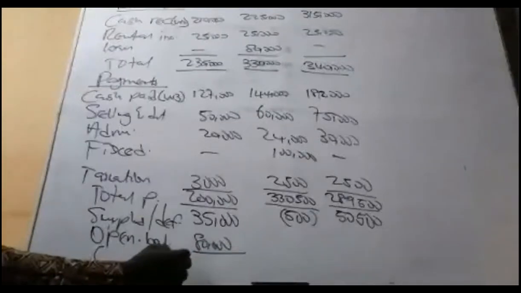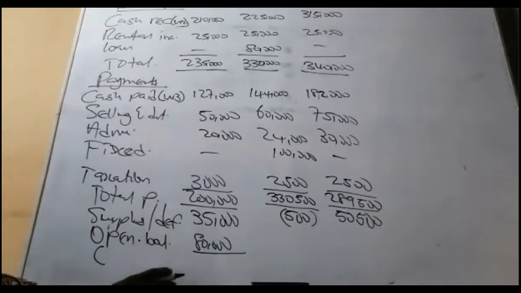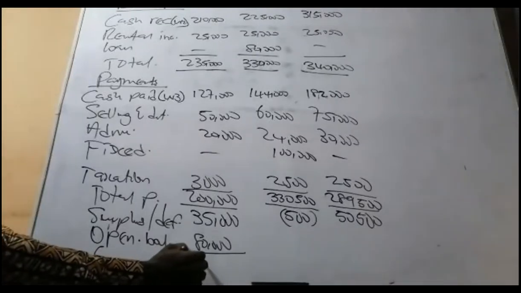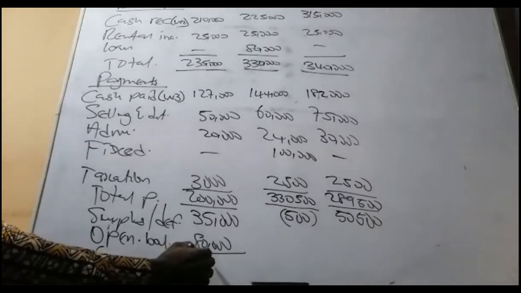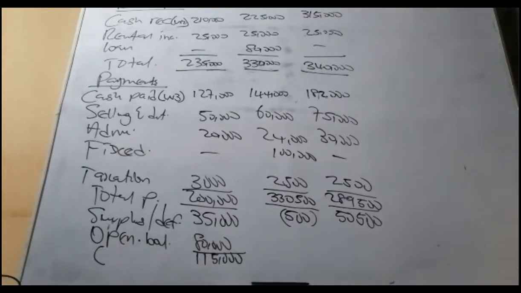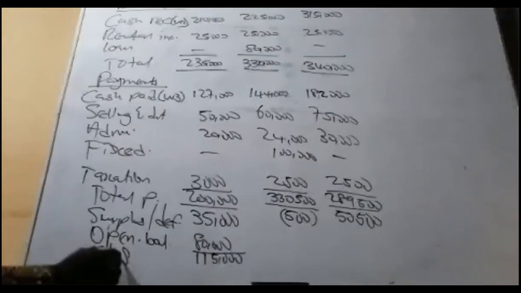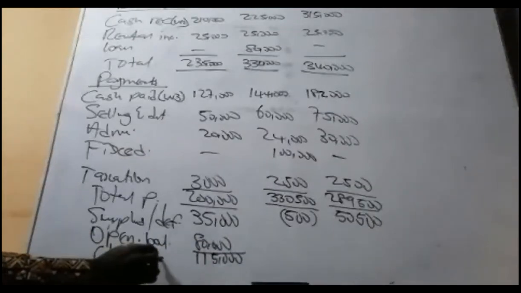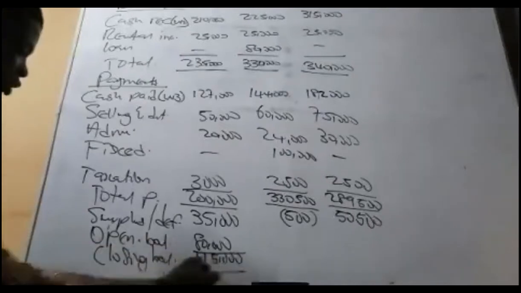Put everything together. I'll get what? Kindly add them for me and let me have the answer. So 100 and what? 5,000. That will be the closing balance. Double underline it.